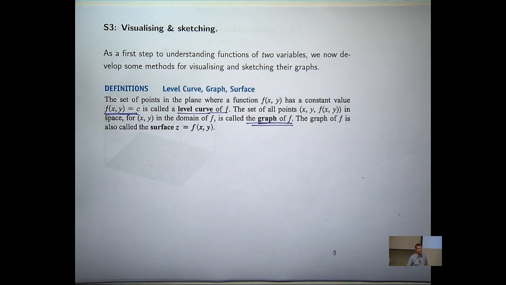And the graph of f is also sometimes called the surface z equals f of x comma y. So these are all acceptable. Usually from the context, it's clear what you're talking about. So if I talked about a function z equals x squared plus y squared, that would be okay. I'm technically breaking the rules, but that would be okay. All right? Then you think, do you mean the surface or do you mean the function? Well, sometimes that's not so clear.